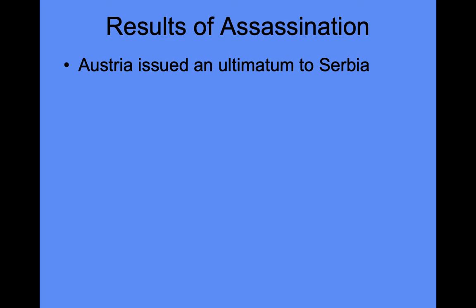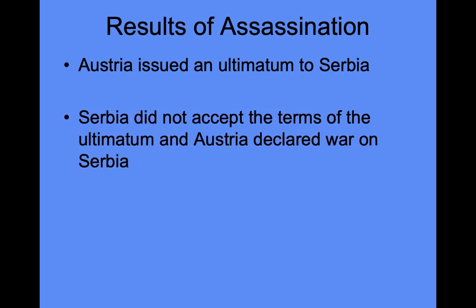These conditions included turning over anyone connected to the assassination, giving Austria control of an investigation into the assassination, and a variety of other demands that Serbia was ultimately unable and unwilling to agree to. As a result, Serbia did not accept the terms of the ultimatum, and 1 month after the assassination, Austria declared war on Serbia on July 28, 1914.